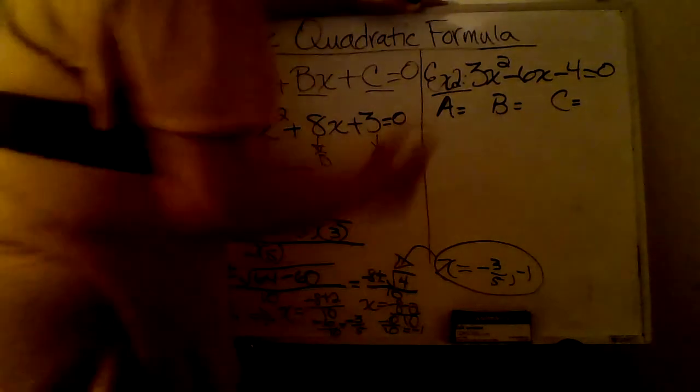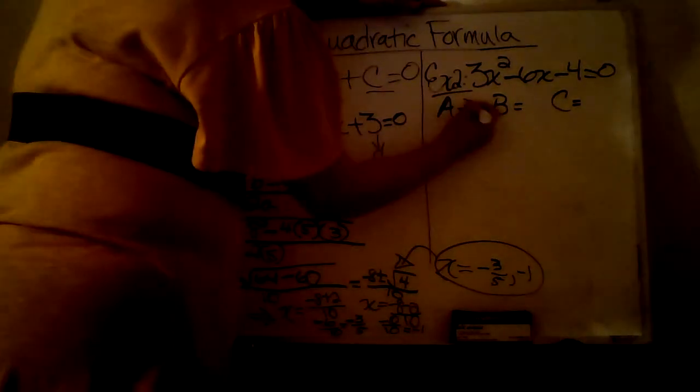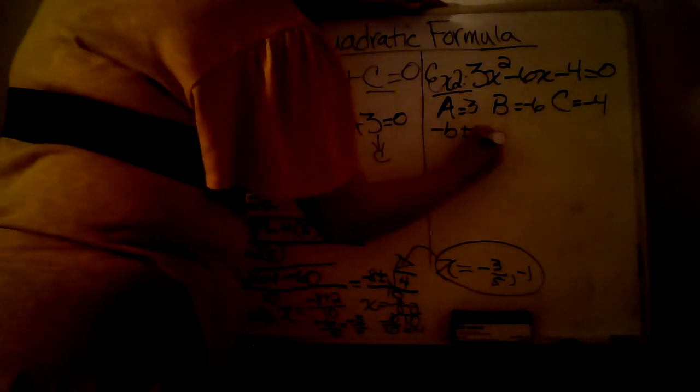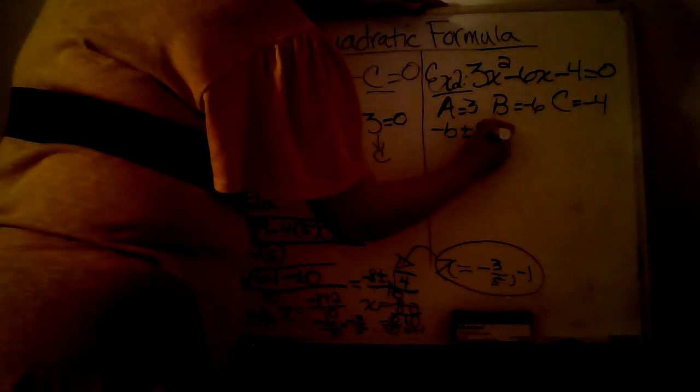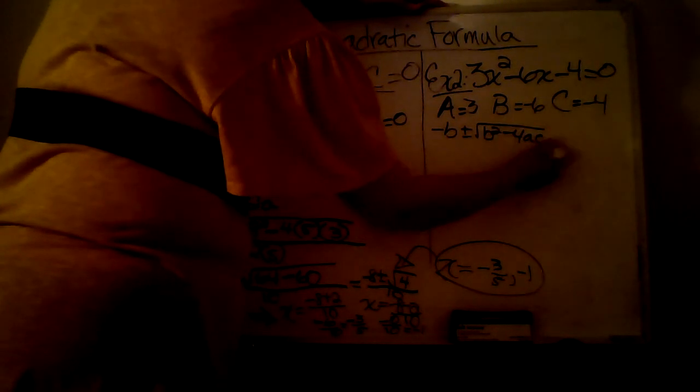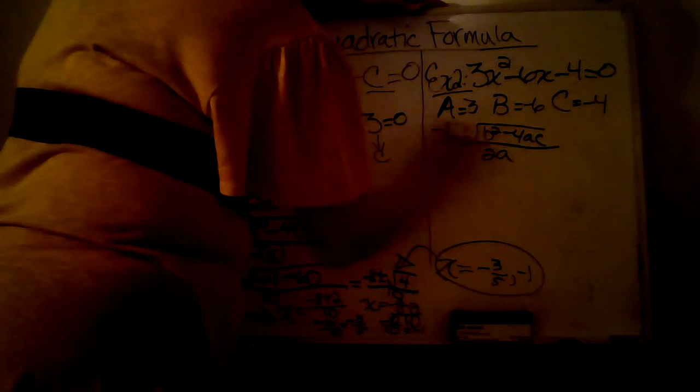So now let's pick our A, B, and C. A is 3, B is negative 6, and C is negative 4. So using the quadratic formula, we substitute.